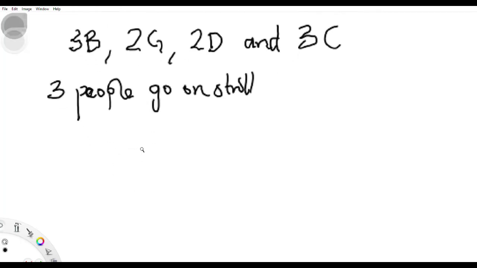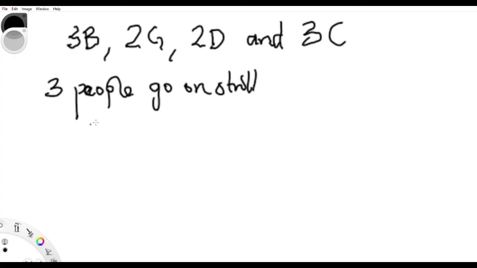It is combination. So you are combining, you are out of 3 boys, 2 girls, 2 dogs, 3 cats. That's 10. Out of 10, you want to find the number of ways with which you can form a party of 3 people, 3 individuals.